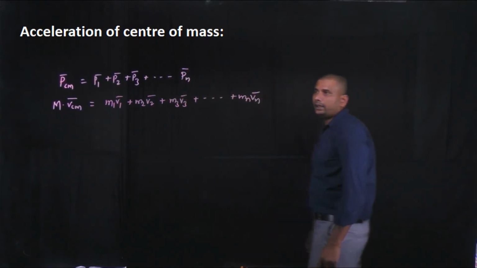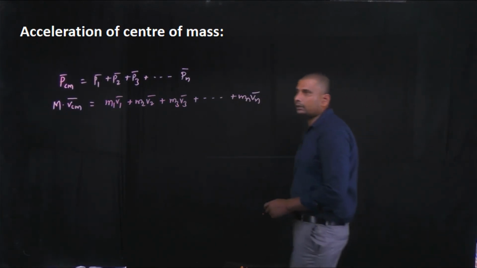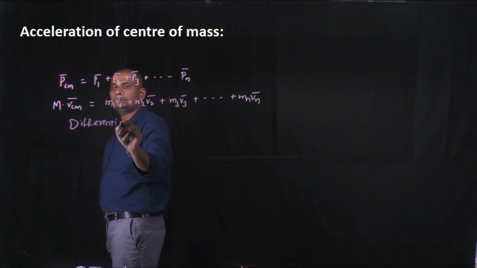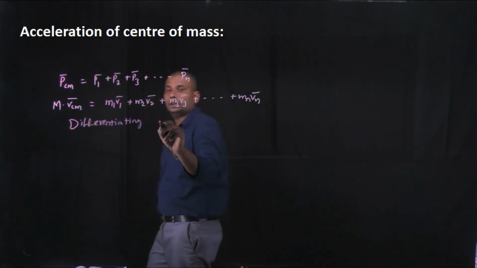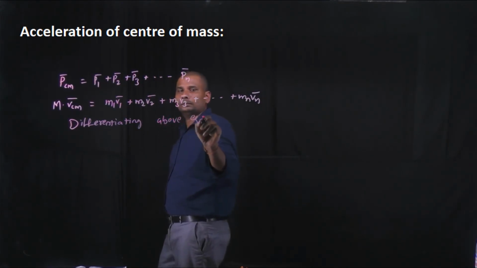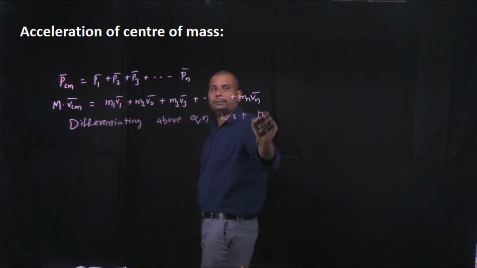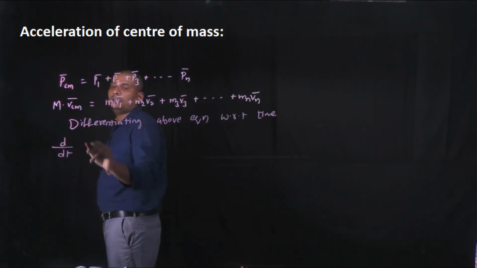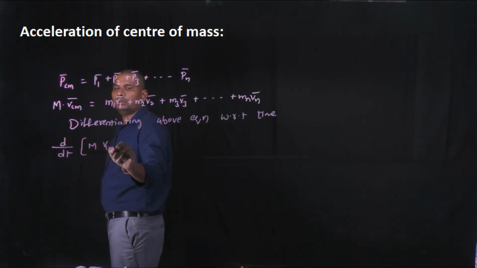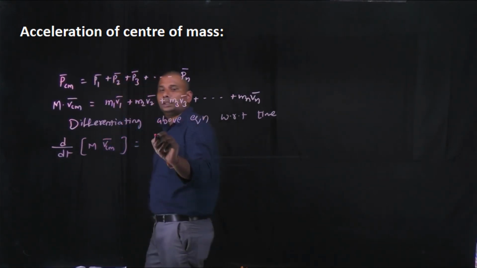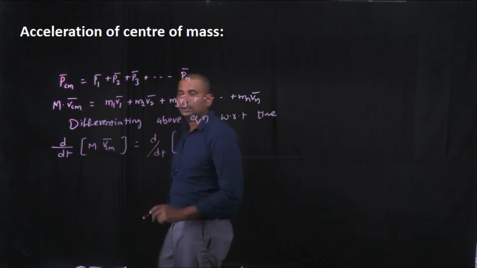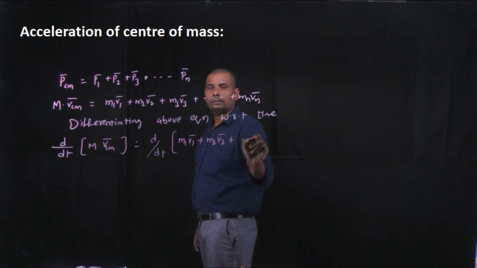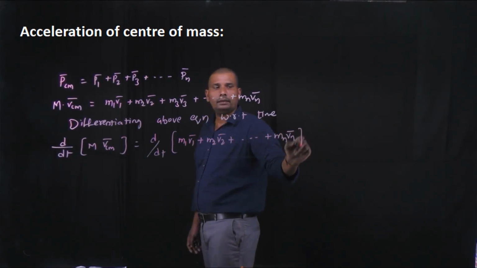Now differentiating the above equation on both sides with respect to time, this is d by dt of M into velocity of center of mass is equal to d by dt of m1 v1 bar plus m2 v2 bar plus and so on plus mn vn bar.